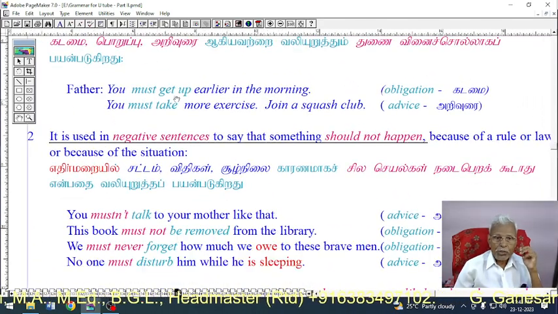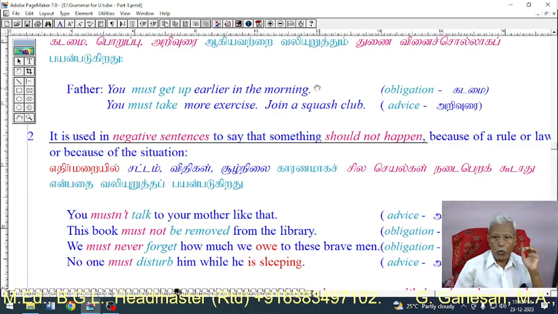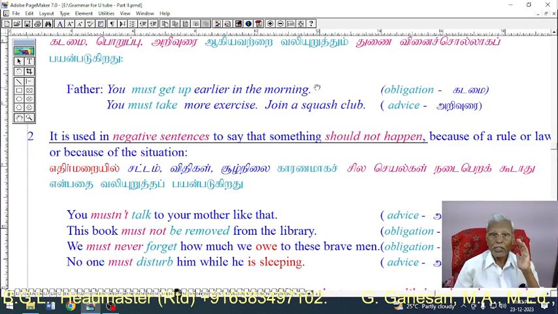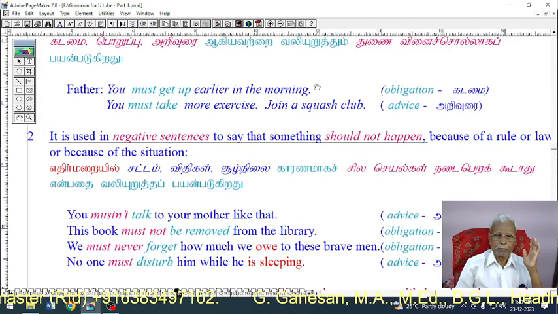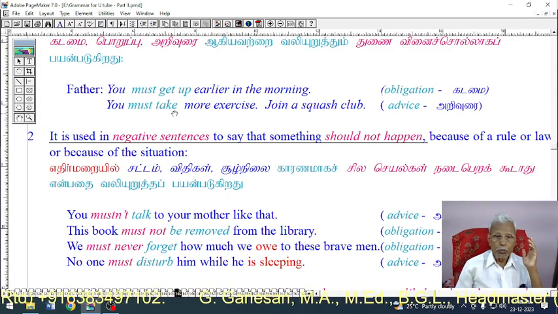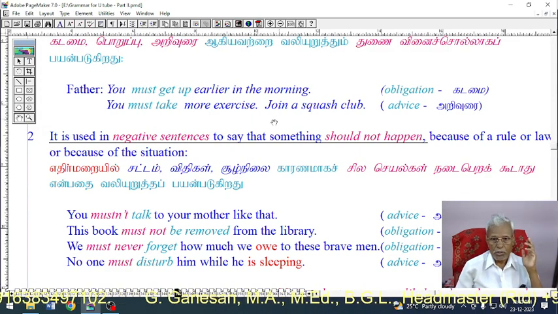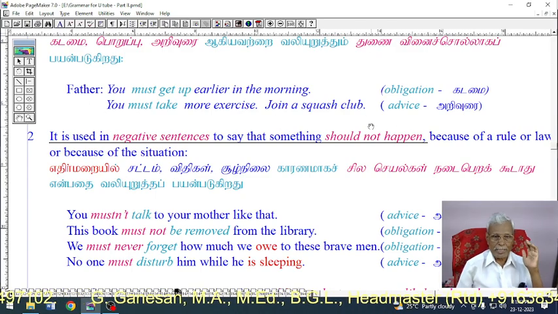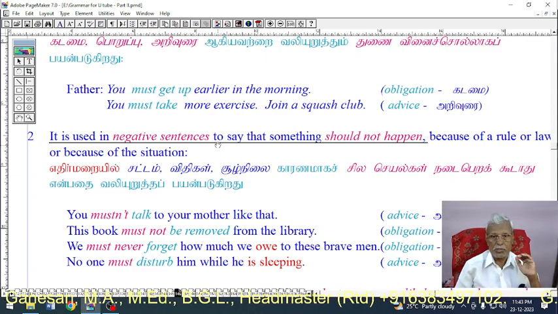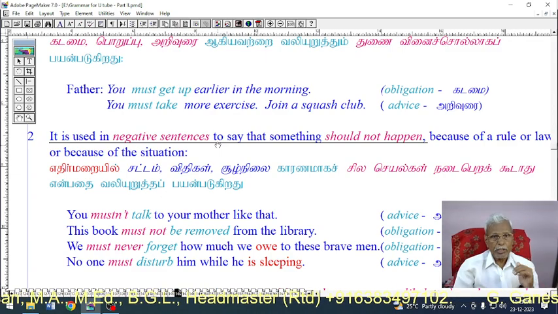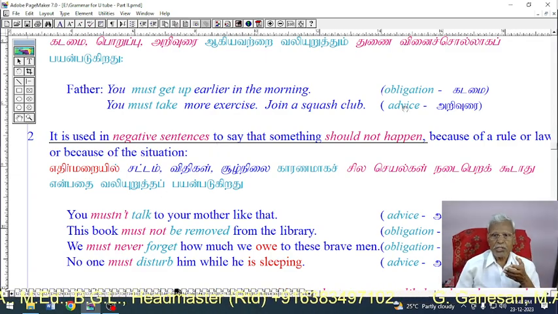Father, you must get up earlier in the morning. Obligation. Getting up early is the obligation of everyone. You must take more exercise. Join a squash club. Advice. You must take more exercise, so join a squash club. It is advice.